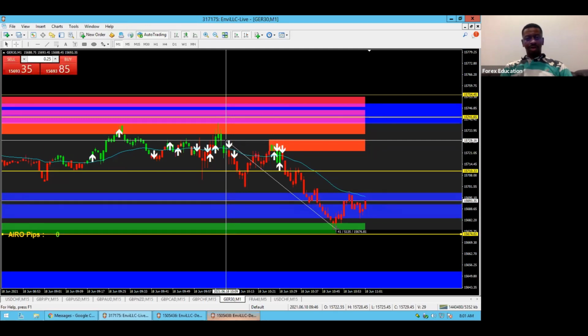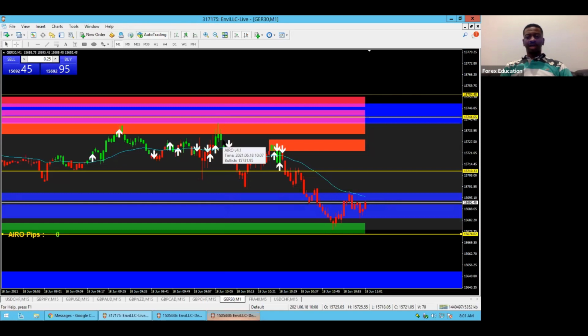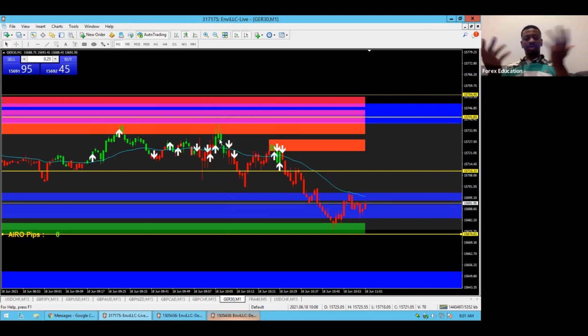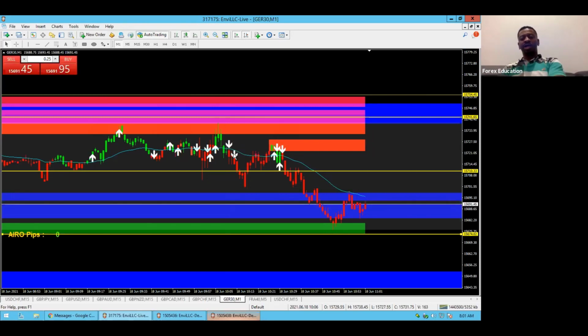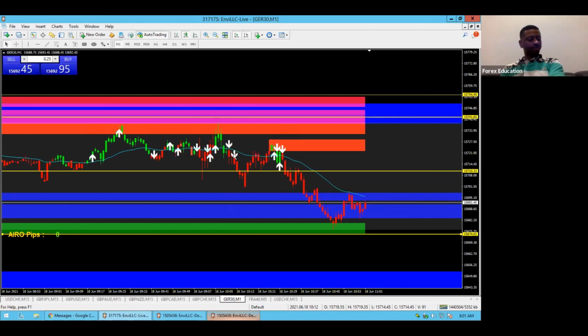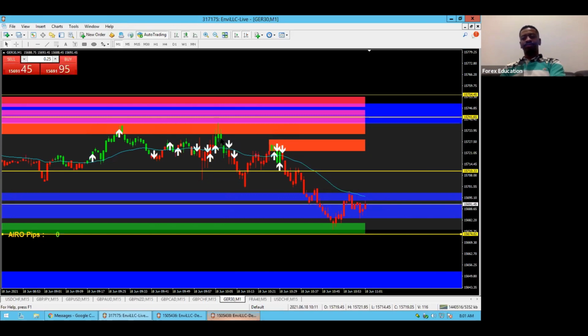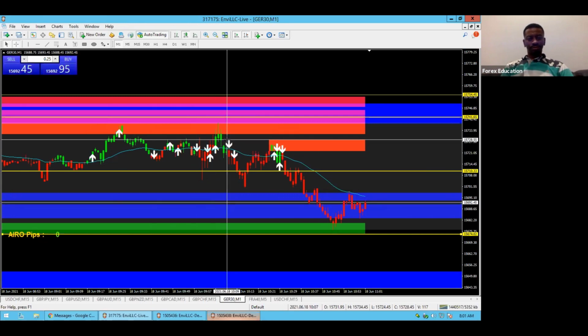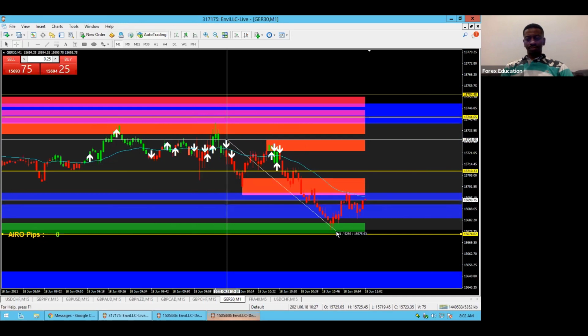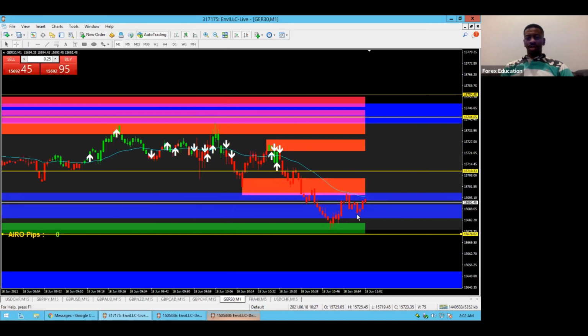513 pips from our original entry that we should have had if the market, well, we couldn't even get in if we wanted to because it gapped down and it froze on us for like 20 seconds. So 513 pips from the entry that we should have had. Look at that.